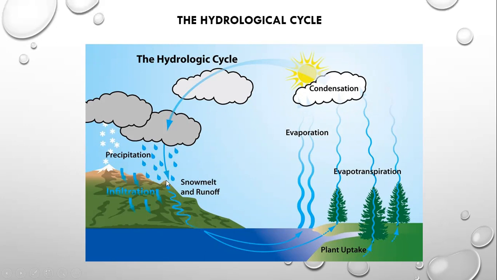And when it falls in form of precipitation, it now reaches the ground and runs back into the water body. So this is what we call surface runoff. So the water will go back into the water body as runoff, and the process will continue just like that. So this is basically the description of the hydrologic cycle.